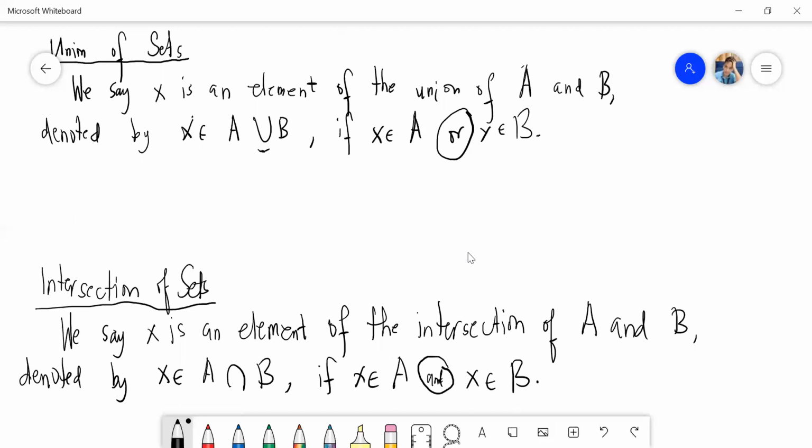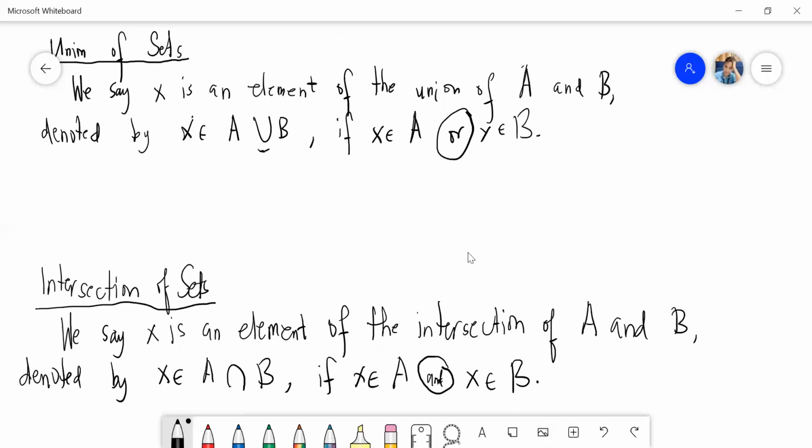So back to basic logic, when we say or, if you have two premises, either of the two being true makes the result true. When we say and, both of the premises should be true to get a result of true.